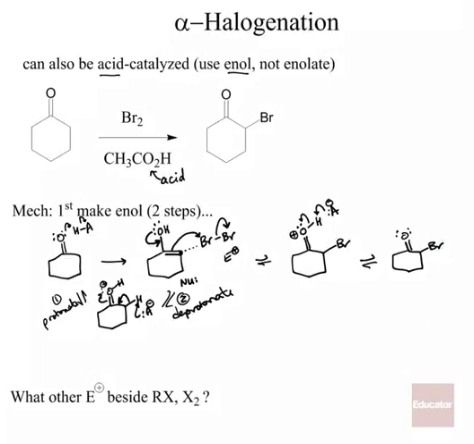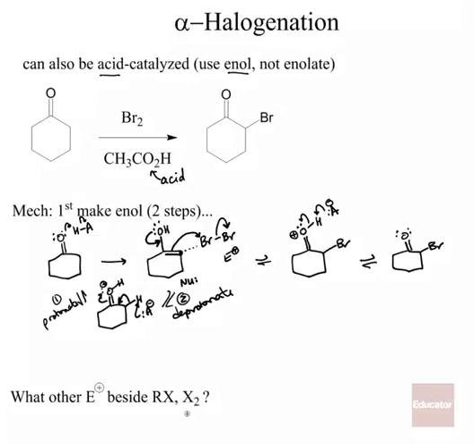So as we'll see is common in these reactions, the acid catalyzed reaction is going to be more steps than the base one, and we'll be using an enol as our nucleophile instead of an enolate. But this would be a way that we effectively can do an alpha halogenation on a ketone or an aldehyde.